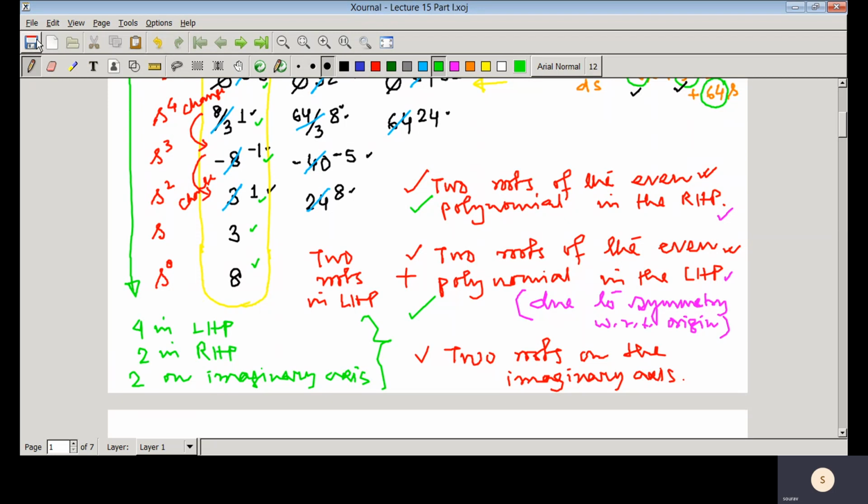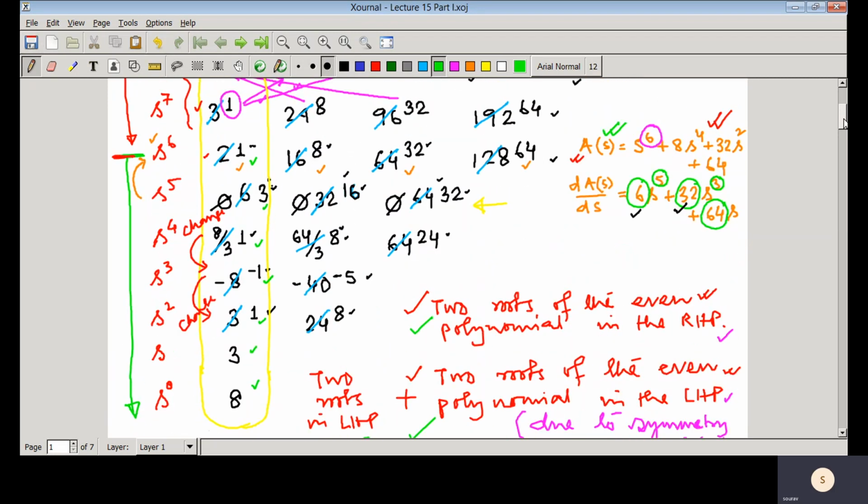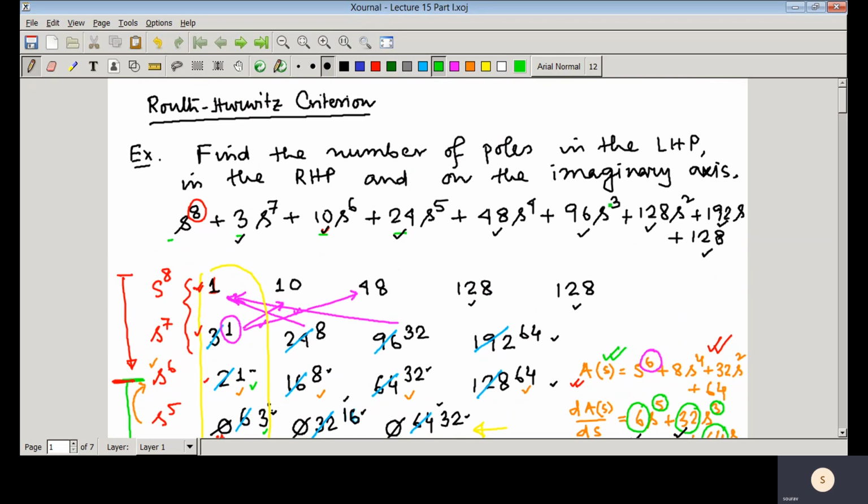So your problem was to find out the location of the roots in the left half plane, right half plane and on the imaginary axis.